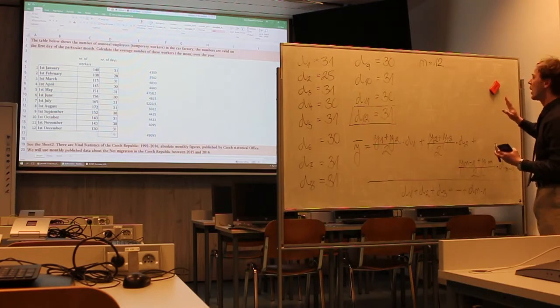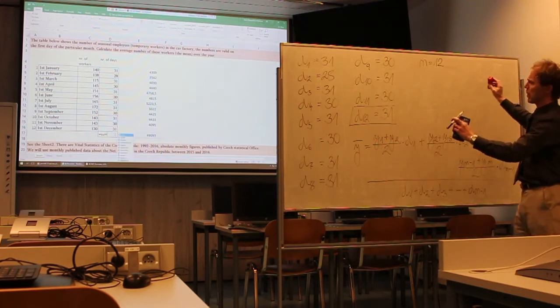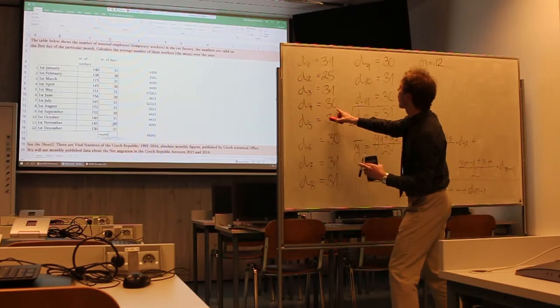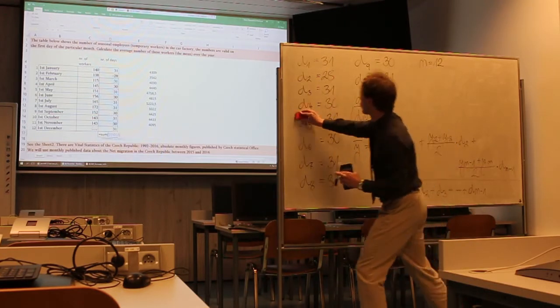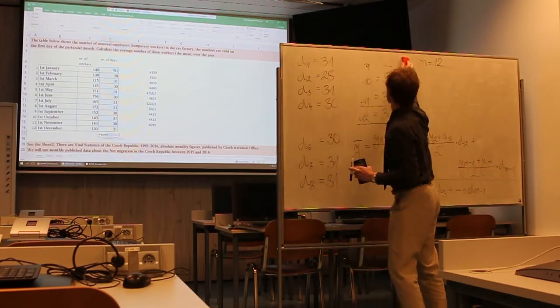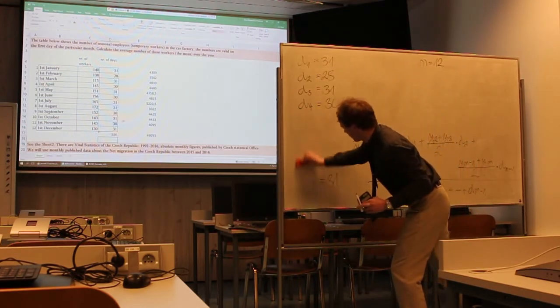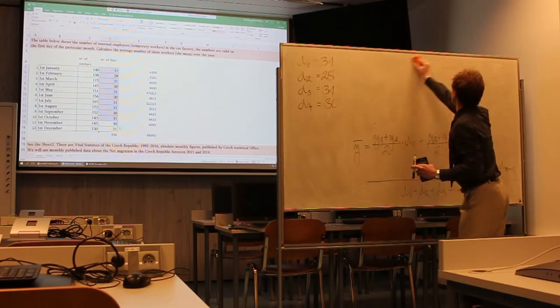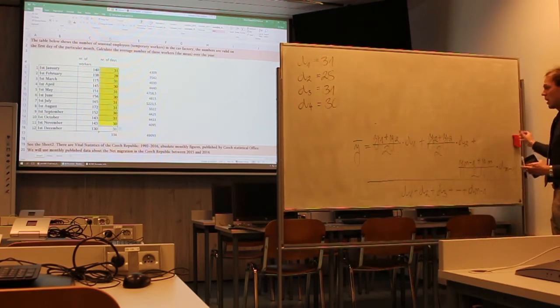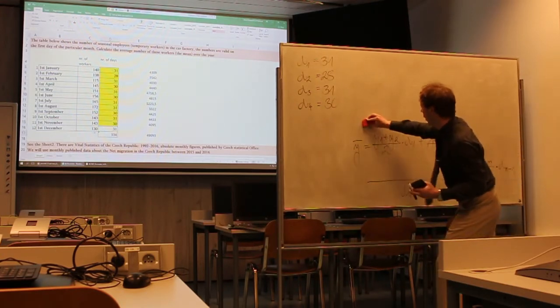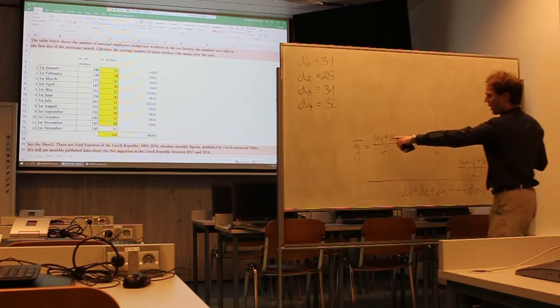I need more space on the whiteboard, so I will leave only these 4 values and delete the rest. Please wait a second. Okay, so the weighted chronological mean.